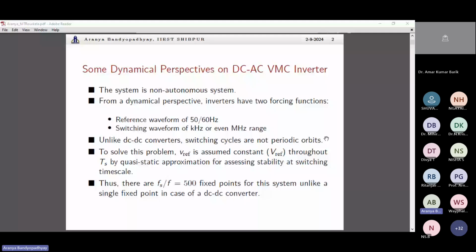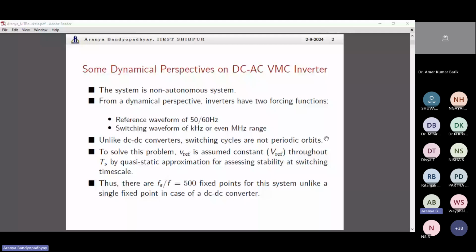But just imagine the case of the DC buck converter, and imagine that a 50 hertz slowly moving waveform has been incorporated. Even during normal operation, the state space variable, be it inductor current or capacitor voltage, will not return to the exact value from which it began at the very beginning of the switching time period. And that is the problem.